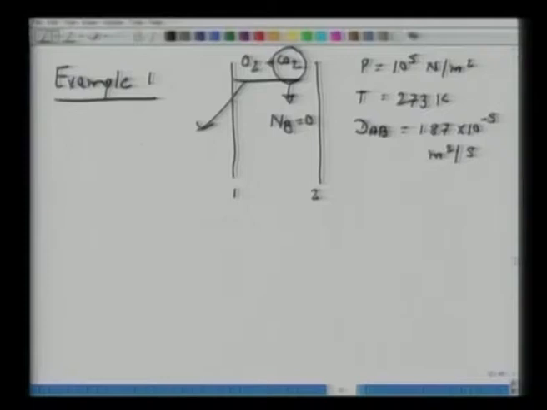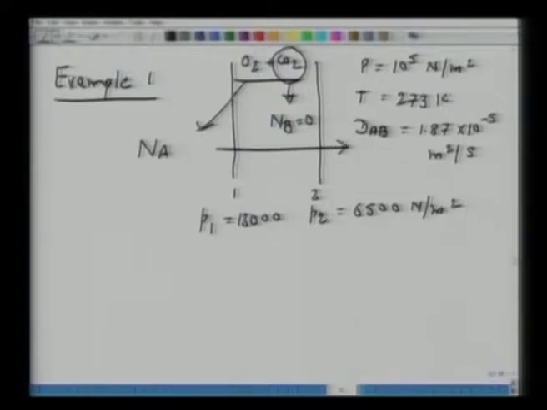Due to a concentration gradient, the partial pressure at plane 1 is 13,000 and at plane 2, P2 equals 6500 Newton per meter square. We are interested in finding the diffusion flux of N_A in terms of kilomole per second per meter square.